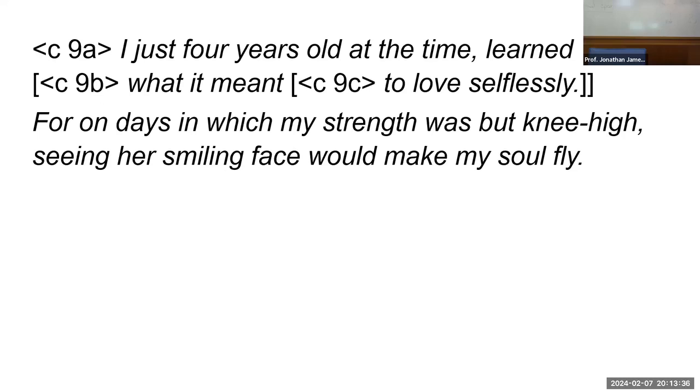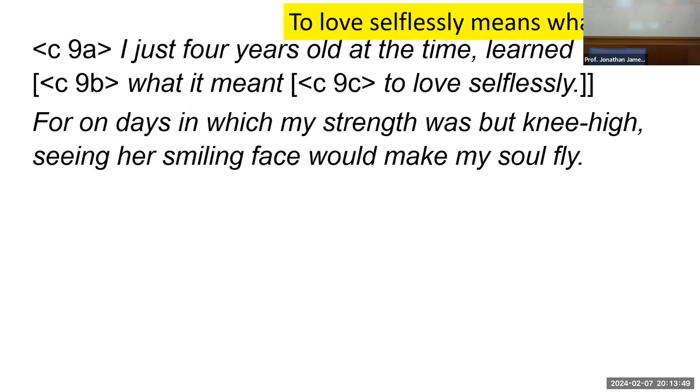You'll notice here there's a sort of double embedding, to love selflessly, again an embedded rank-shifting clause within another rank-shifting clause. How? Why? Well, because to love selflessly is functioning almost like a noun phrase. We can say, to love selflessly means what?